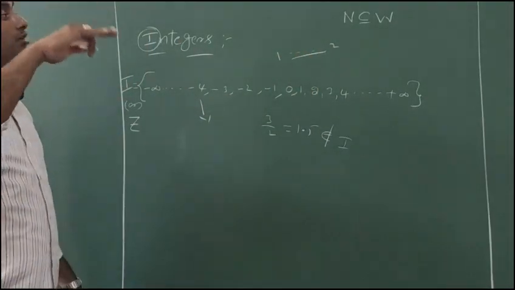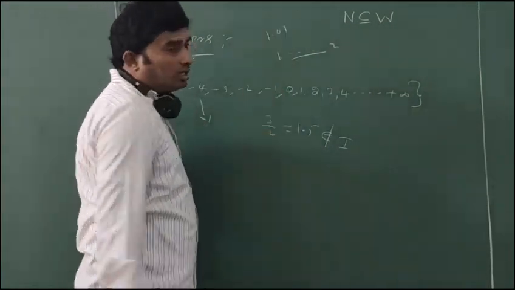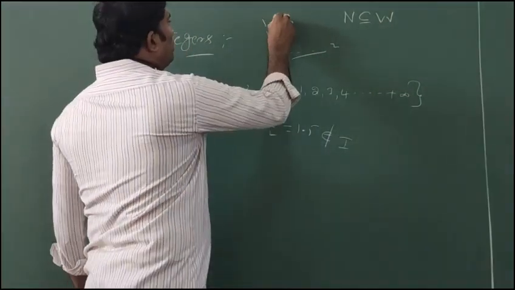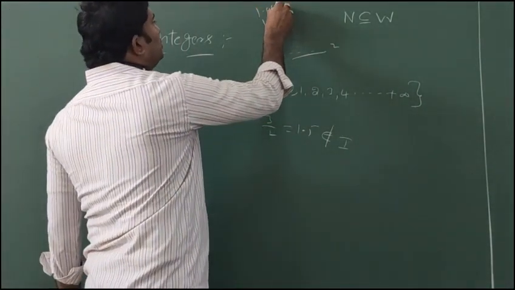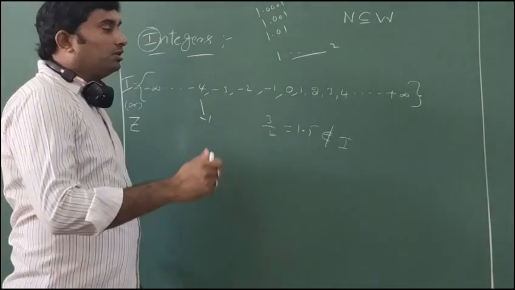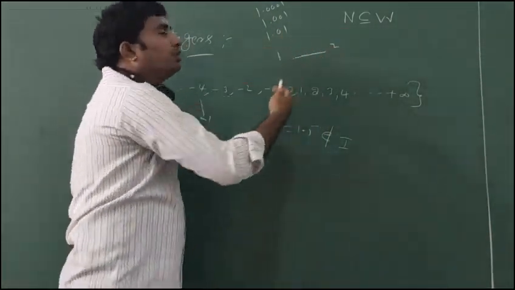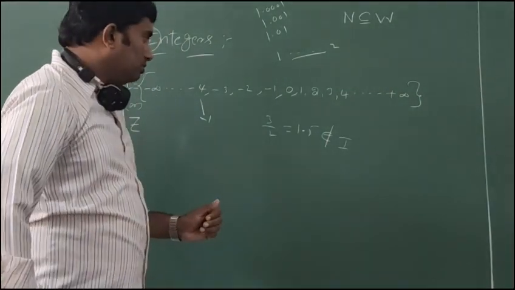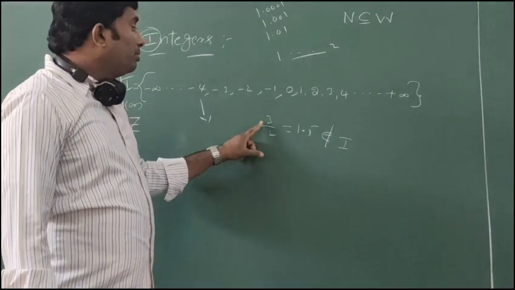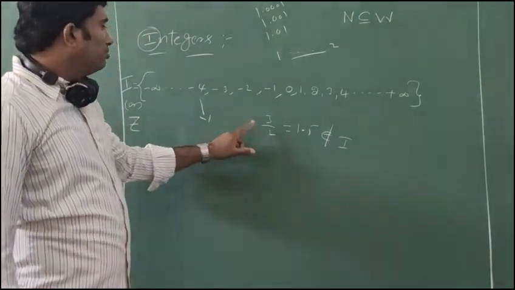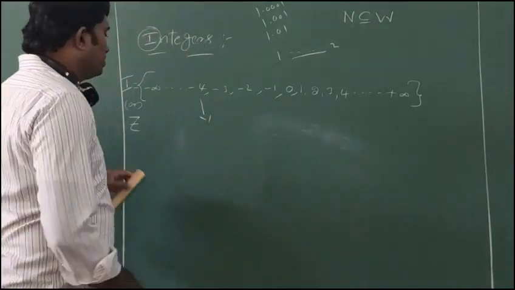There are infinite numbers, which are 1.01, 1.001, and so on. How many numbers are possible to define between any two numbers? Infinite. So 1.5, that is 3 by 2, is of P by Q form. It is a rational number, but it is not an integer. Remember that.